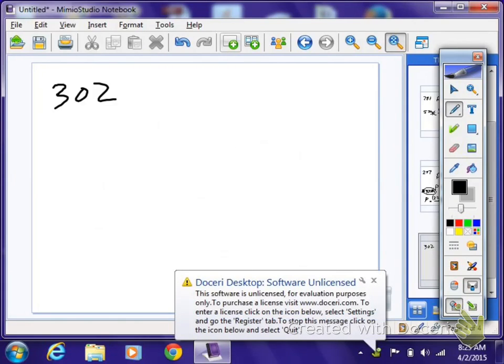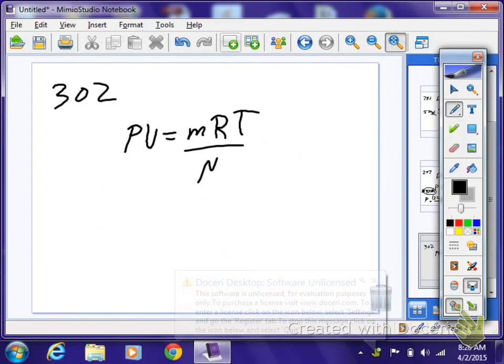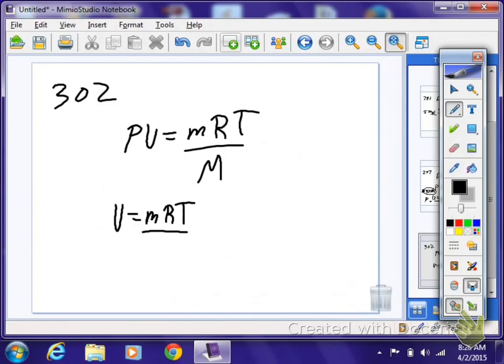So it looks like we probably would use PV equals little mRT over capital M. I'm just expecting that we would do that for 302. So then it's asking for the volume. So then volume equals little mRT over PM.